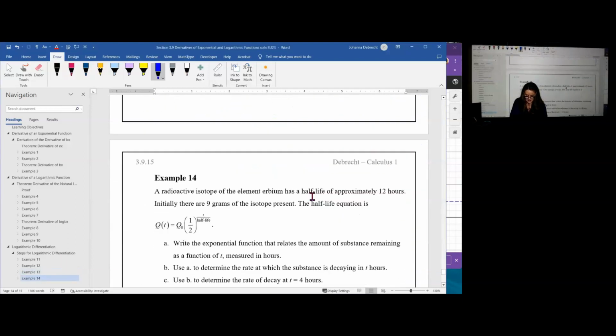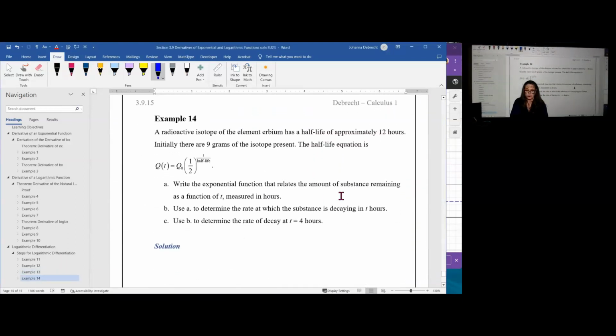We have one last example to work, which is example number 14. In example 14, we're looking at an application problem. A radioactive isotope of the element erbium has a half-life of approximately 12 hours. Initially, we start at t equals 0 with 9 grams of the isotope present.